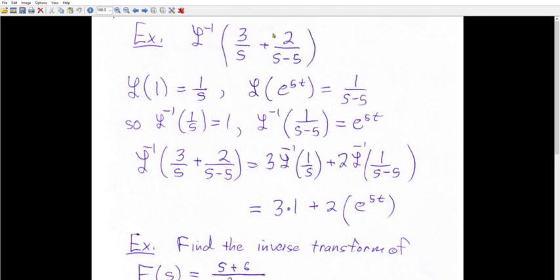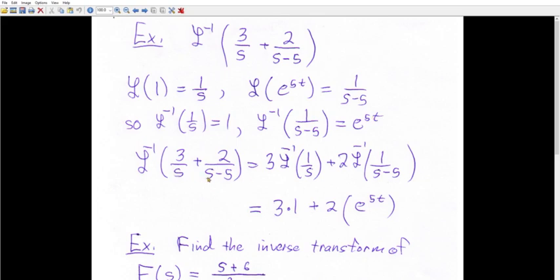In other words, we're in s space, and we want to get back to t space. The first thing to recognize here is that 1 over s is the Laplace transform of 1, and 1 over s minus 5 is the Laplace transform of e to the 5t. We can see that from the table. So the inverse transform of 1 over s is 1, and the inverse transform of 1 over s minus 5 is e to the 5t.